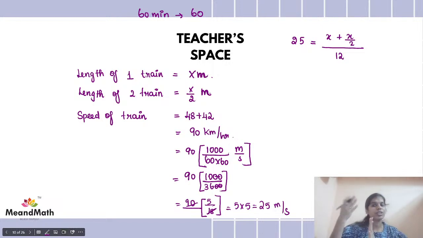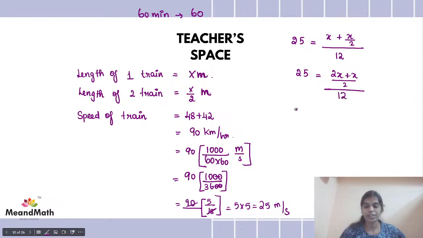Now we are going to convert this. 25 equals x plus x by 2, divided by 12. 25 times 12 equals 3x by 2.